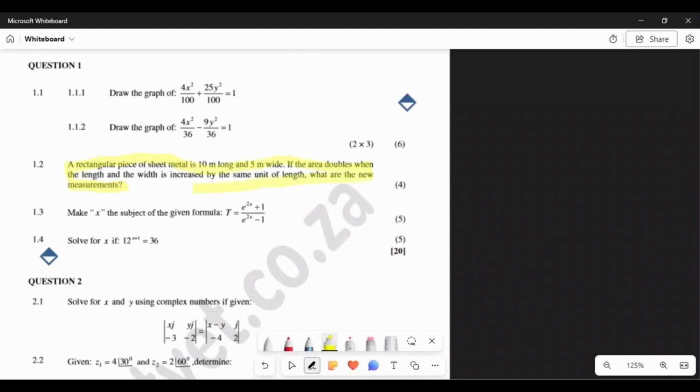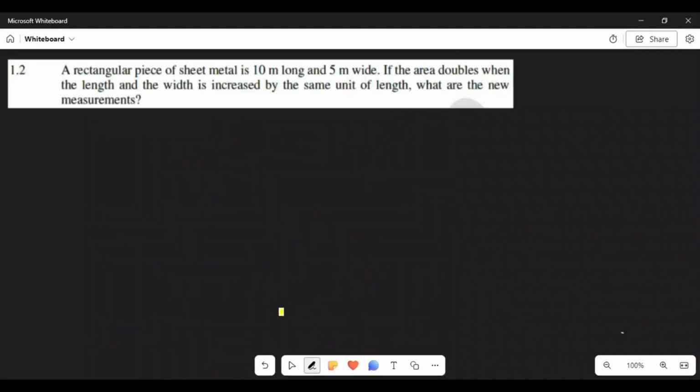So we're gonna read the statement here. This is question 1.2. Again, I'm just gonna copy this question and paste it somewhere else so that we can focus on it. Right, so this is the question that we have here.